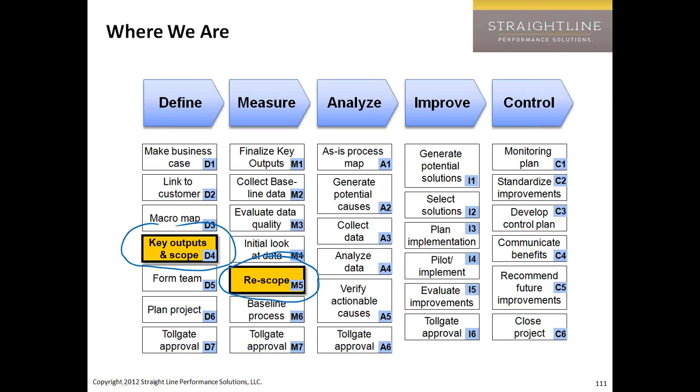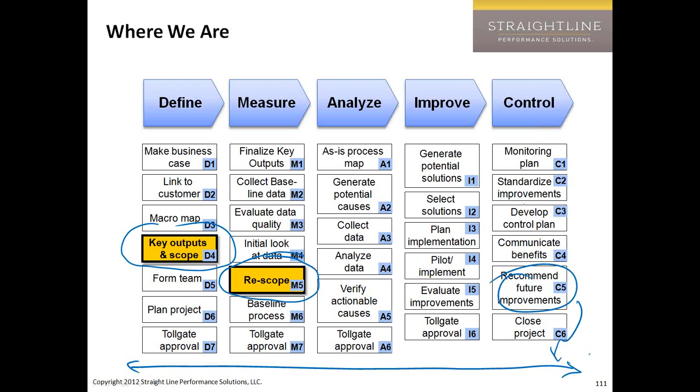All right, keep in mind though that these things can be done and should be done and looked at throughout the project. Maybe not at the end. The end it can maybe be for recommending future improvements, but throughout the project we're going to be looking for opportunities where we can narrow our focus but still keep the highest bang for the buck.